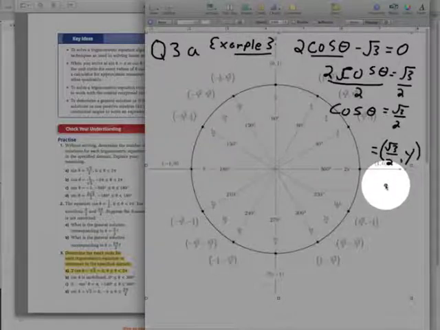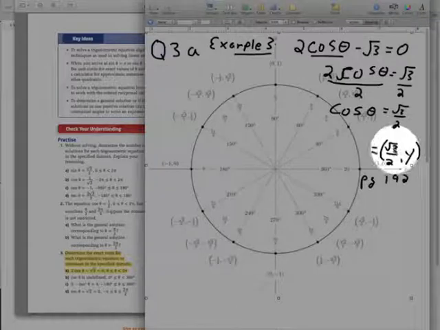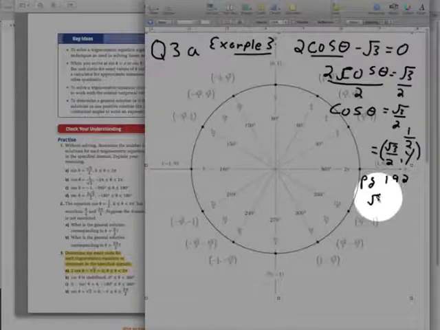Now, if you go back and take a look, I believe it's on page 192, it'll give you a listing of what all the different coordinates are for pi over 6, pi over 4, and pi over 3. And if you do that, you'll find out that the y component here is a half. So it ends up being root 3 over 2, comma, 1/2.